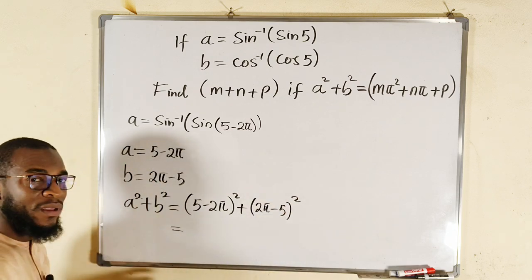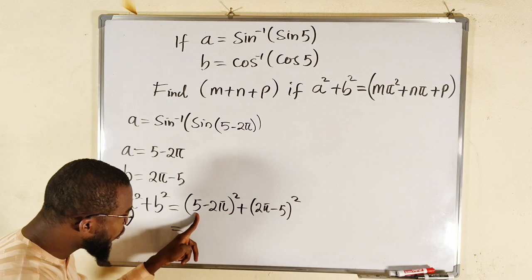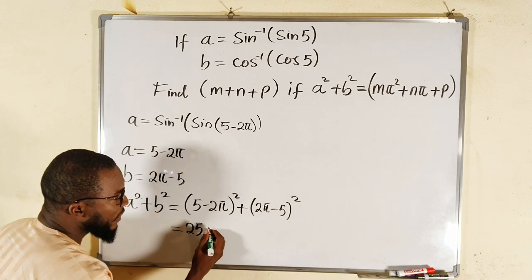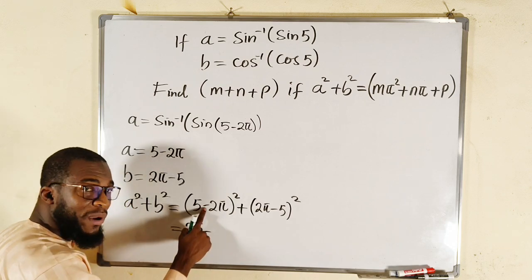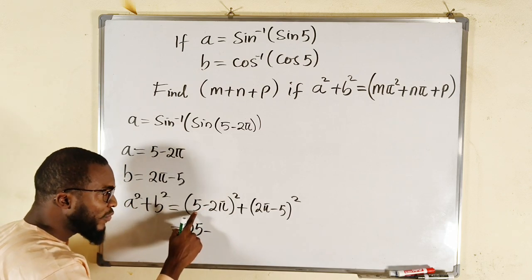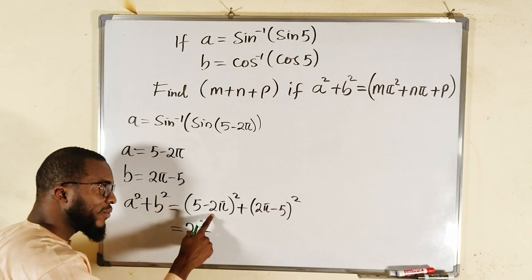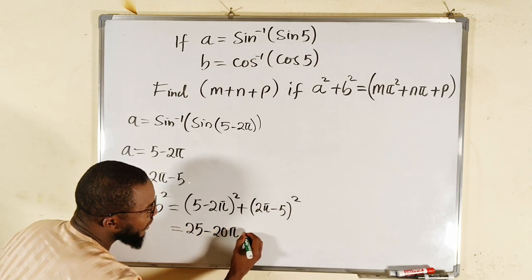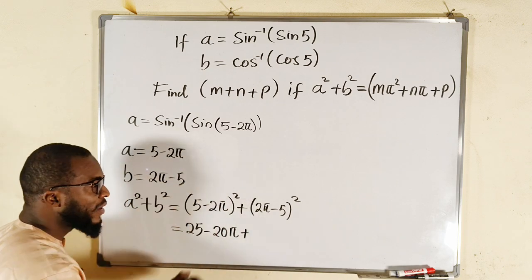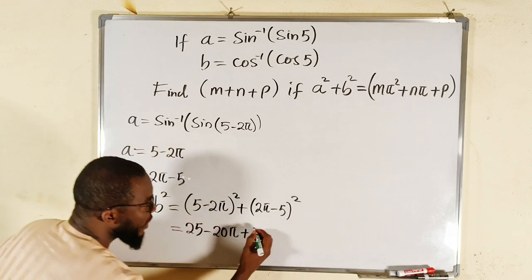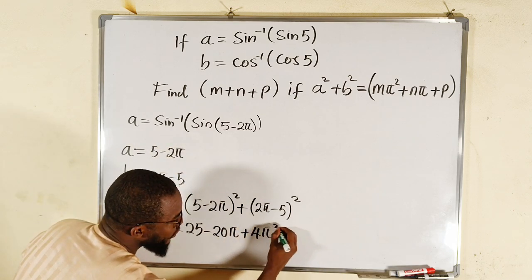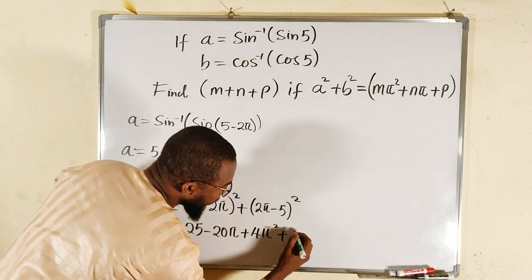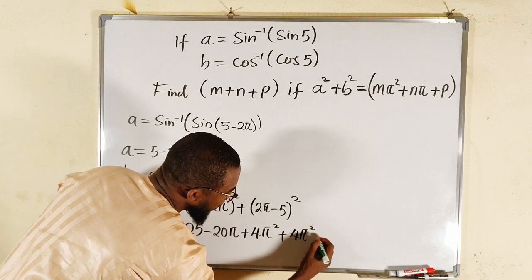So let's expand this. Using binomial expansion, we take the first term and square it. 5 squared is 25. Then minus, because of this minus, 2 times this times this. 2 times 5 is 10, and 10 times 2 is 20 pi. Then plus second term squared. Negative 2 pi whole squared will give us 4 pi squared. Plus, we move to the second term. First term squared will give us 4 pi squared.